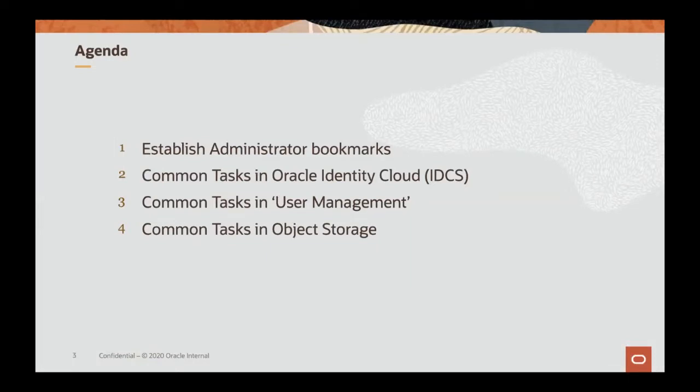This tutorial is broken into a few parts. First, we'll cover some common bookmarks that you should be using or setting up in order to properly get to the administrative areas of the services. There are really three of them that we're going to cover here today.